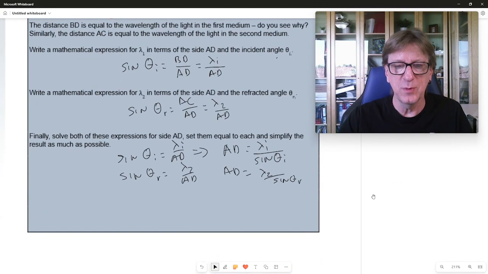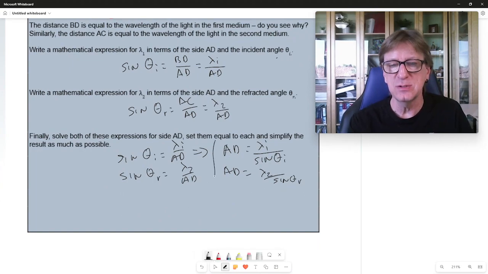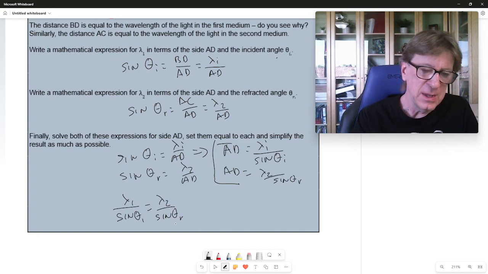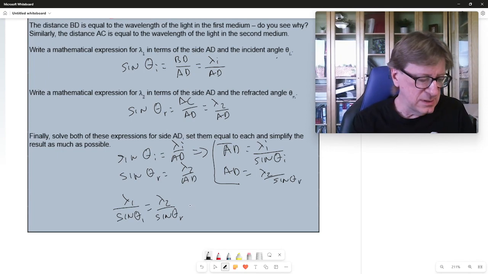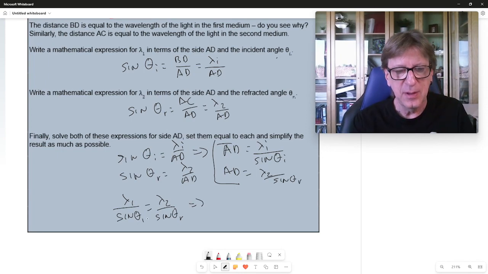Let's scroll up a bit more so we can work here. Okay, so those need to be set equal to each other. These two right here need to be set equal to each other. So lambda I over sine theta I must equal lambda 2 over sine theta r. And we can rewrite this a little bit more neatly.